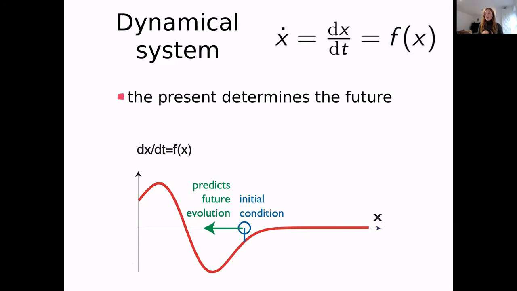And what's so great about dynamical systems is that when we know the present state, so something like an initial condition, we can predict the future, and we also know the past of the system when we know the rule f. So we do not necessarily need to know the solution of this differential equation, but it's sufficient to know this rule, so how the rate of change behaves.